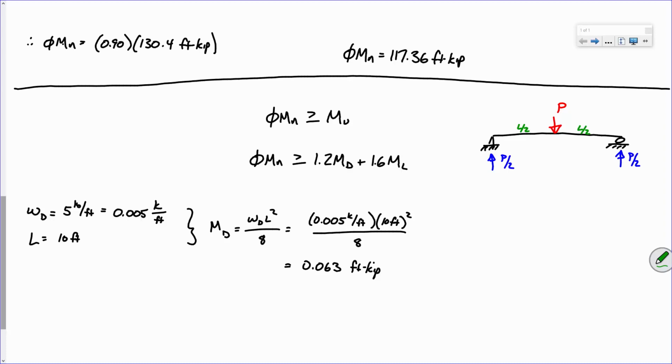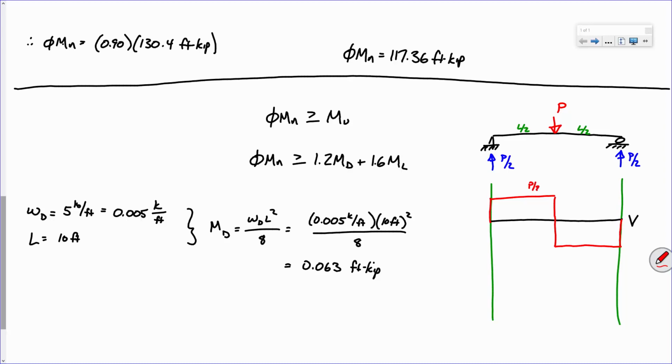If I want to draw the shear diagram, what's the shear diagram look like? I go up P over 2. No change. Go down P, so that puts me at negative P over 2. No change. Brings me back up. So this is P over 2. This is minus P over 2.